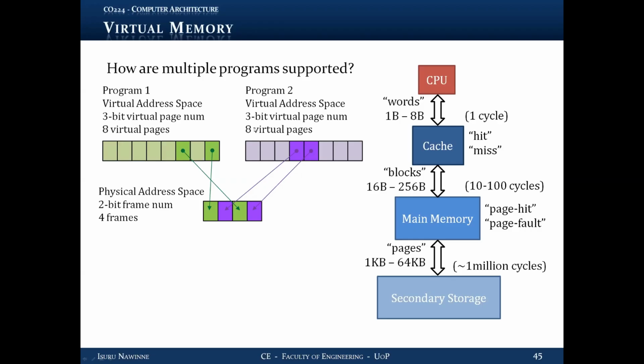Those are the ones that are currently used by the program. Think temporal locality, right? The currently used pages are available in the memory, and the corresponding virtual page numbers have mappings to the physical frame numbers. Same with program 2, right?